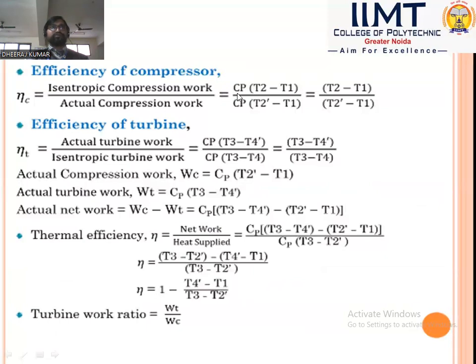For the isentropic compression process, H2 minus H1, enthalpy is a function of temperature, so it is Cp (T2 minus T1) upon H2 dash minus H1, which is written as Cp (T2 dash minus T1). Cp cancels out, giving (T2 minus T1) upon (T2 dash minus T1). If you talk about the efficiency of a turbine, it is actual turbine work upon isentropic turbine work.